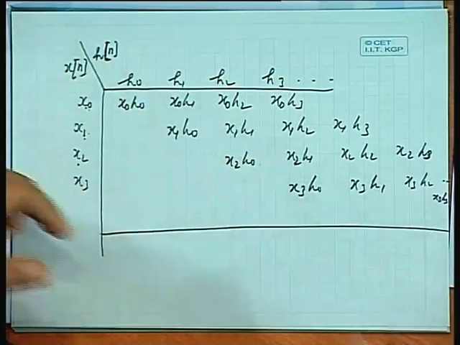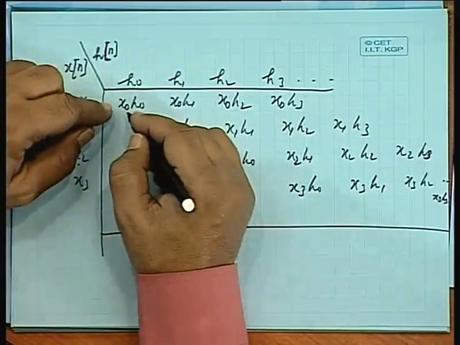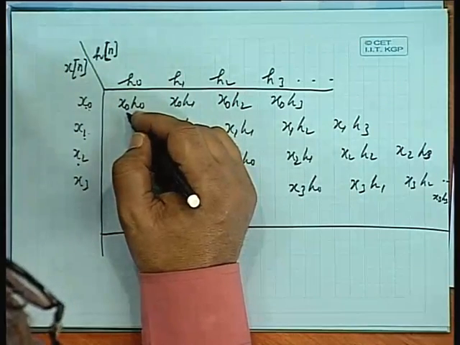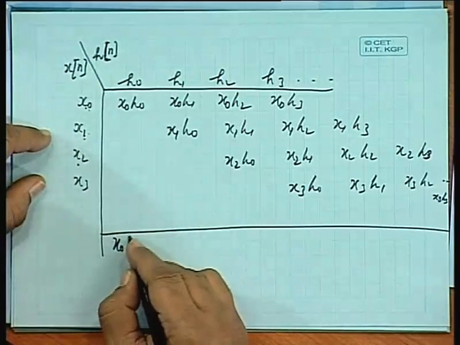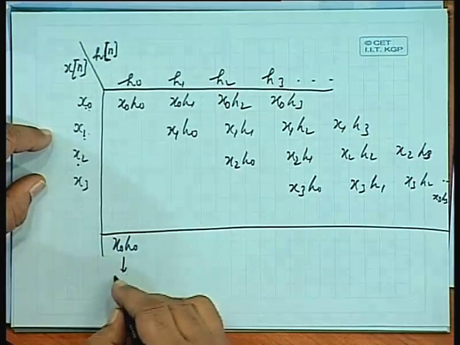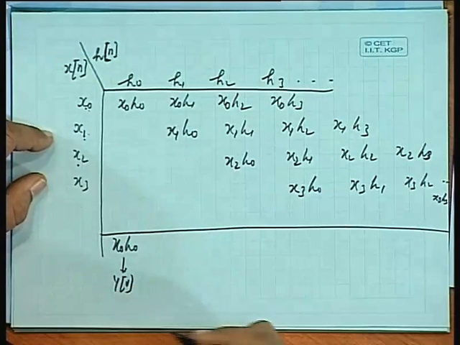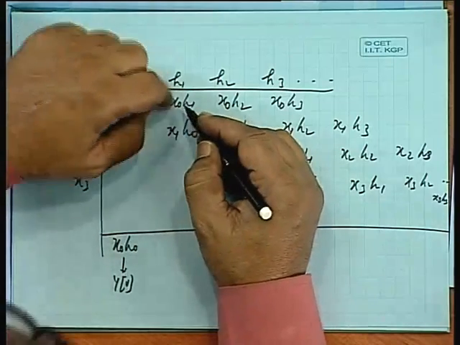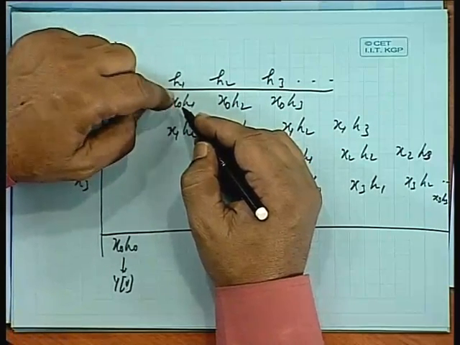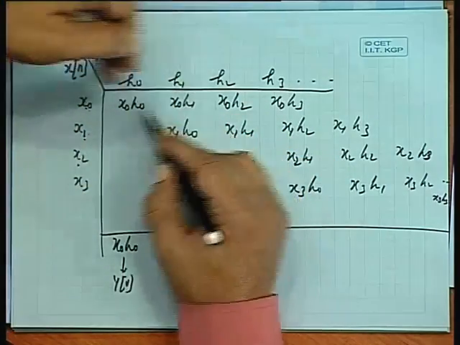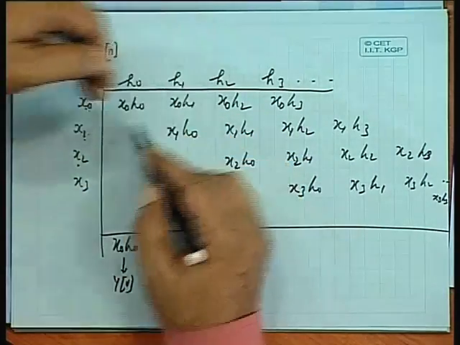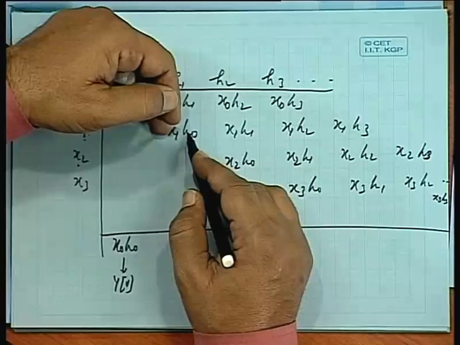Now, you apply the superposition theorem. So, what is the response in the first interval at the first instance? It will be only x0 h0. So, this is y0. At the second interval, that is at n is equal to 1, the impact of the first one is still there and the new one has come.